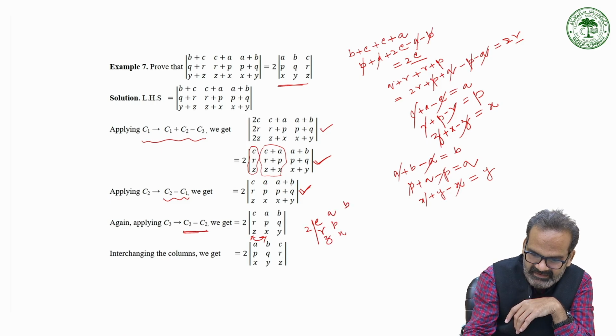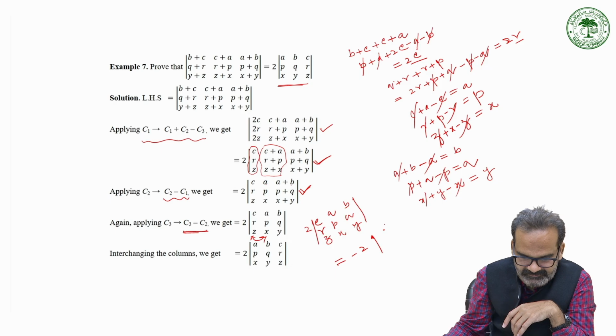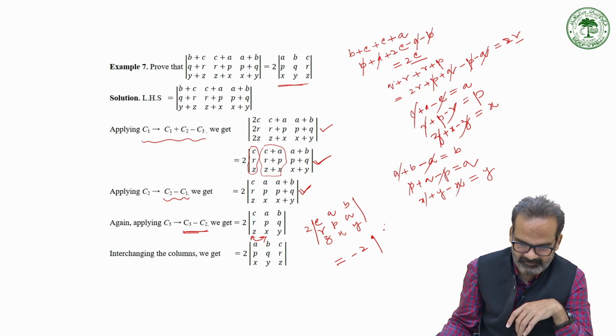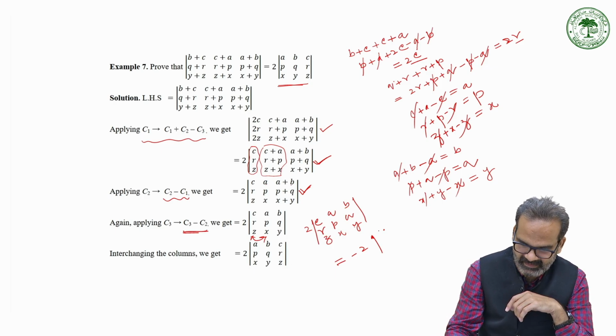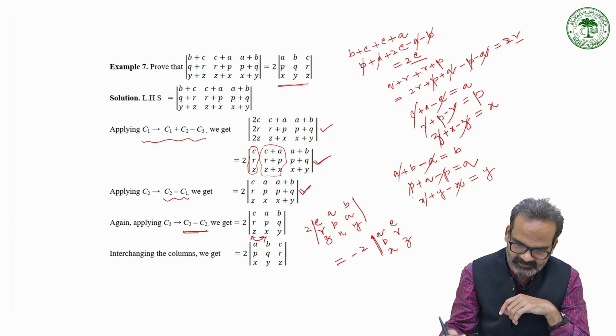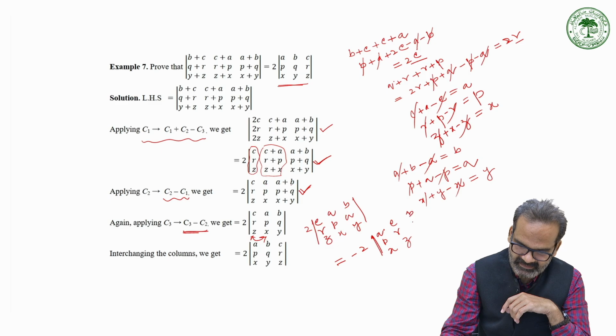APX, BQY, this can be written as minus times 2 of what you will get here? APX, right? CRZ and then APX and CRZ, BQY, this.